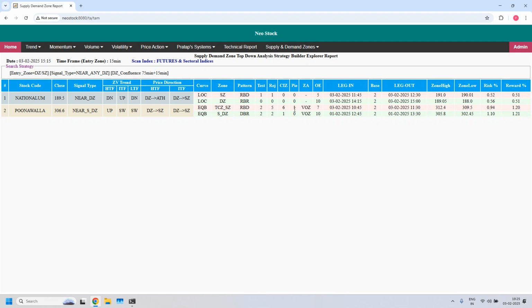That means these 2 15 minutes demand zones are part of the 75 minutes demand zone, overlapped with 75 minutes demand zone. So this is a high liquidity zone. That's why I already tested 2 times.